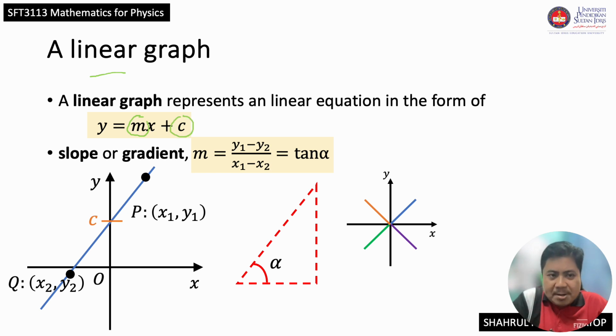The value of m is called the slope or gradient, and this is actually the ratio between the difference of 2 points in the y-axis to the difference between the points in the x value in the x-axis.